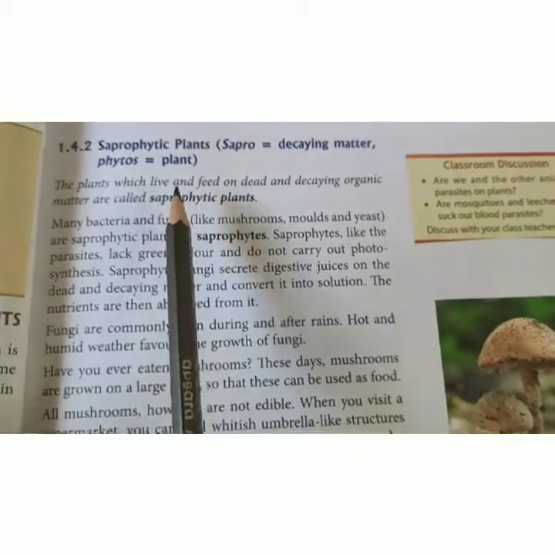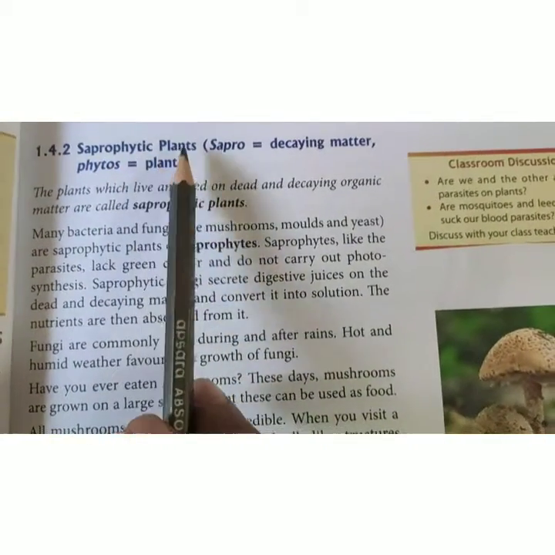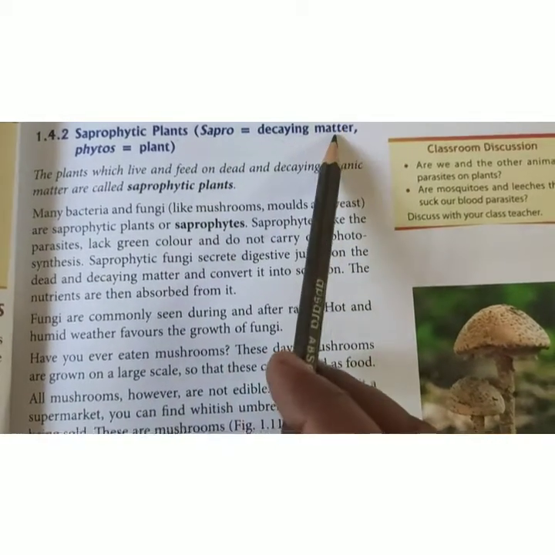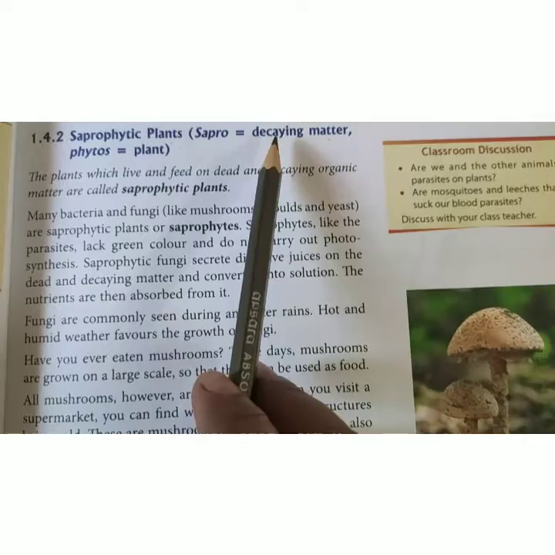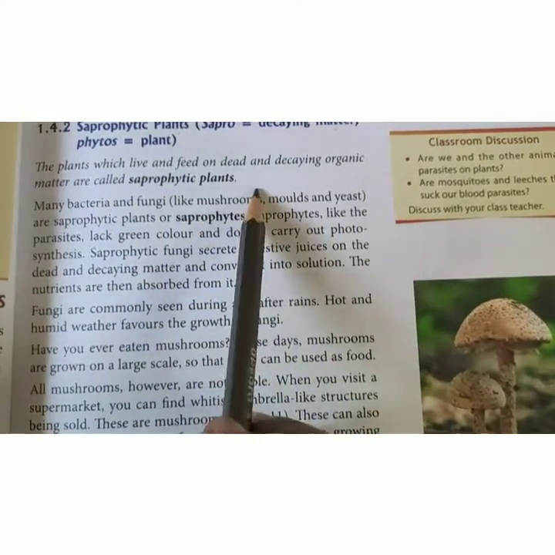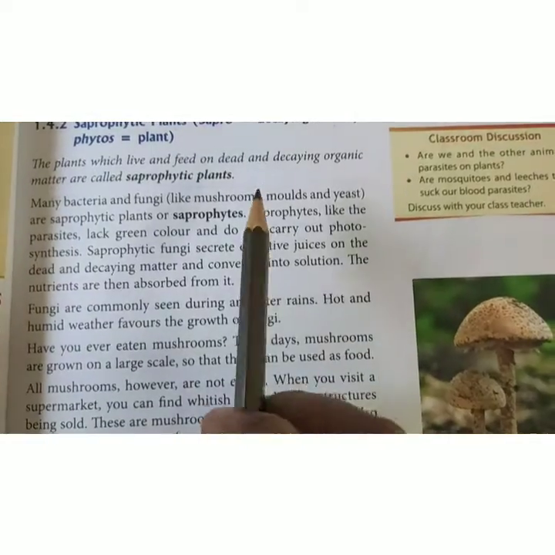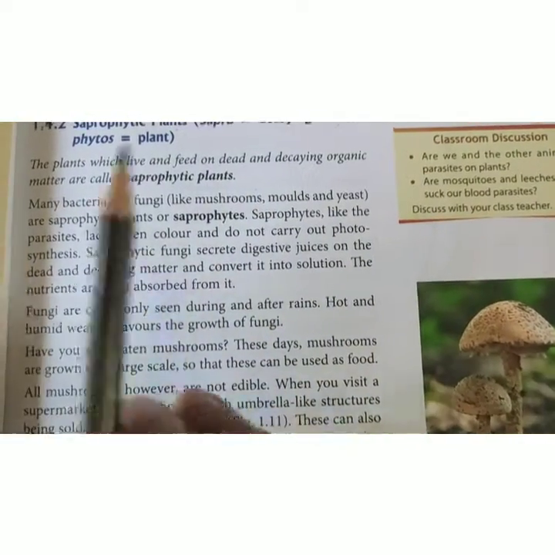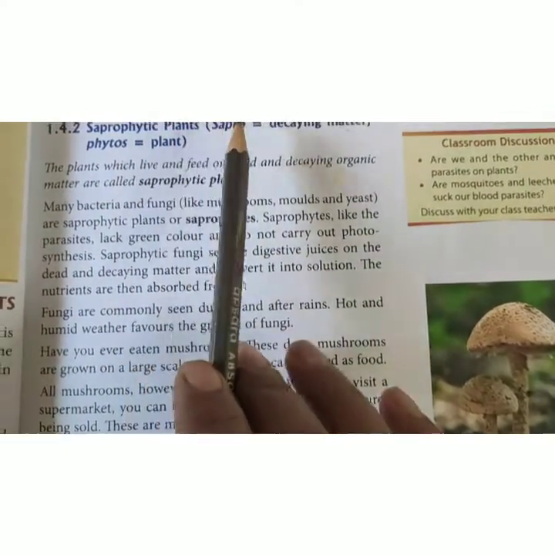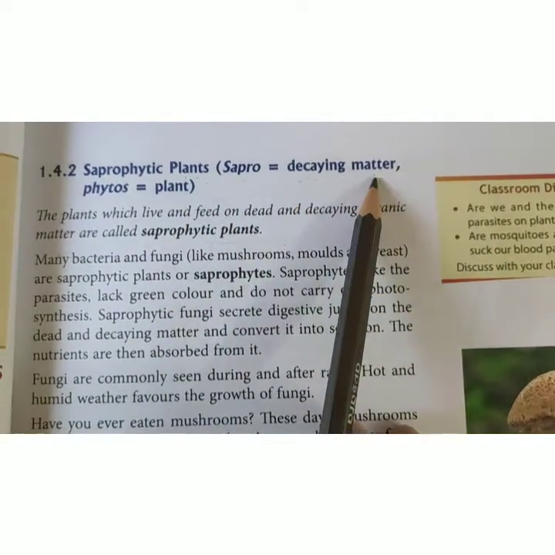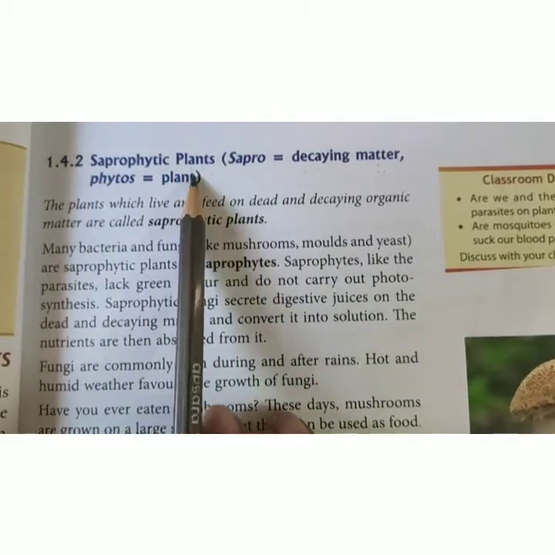Then let's come to saprophytic plants. Sapro means decaying matter. Remember it like this, then you will remember the definition also. Parasitic, as I told, para means other, meaning plants living on others. Saprophytic means sapro is decaying matter, so the plants living on decaying matter are known as saprophytic plants.